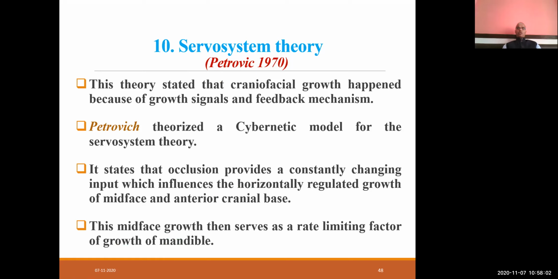This midface growth then serves as a rate limiting factor of growth of the mandible. Means growth of the midface is the rate limiting factor, whereas changing occlusion provides the input for the growth of the midface and anterior cranial base.